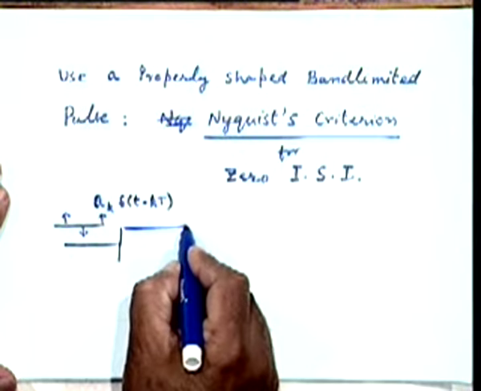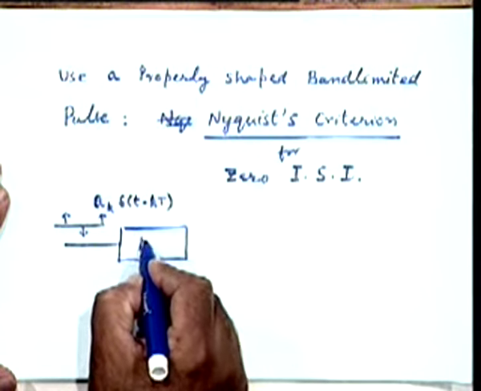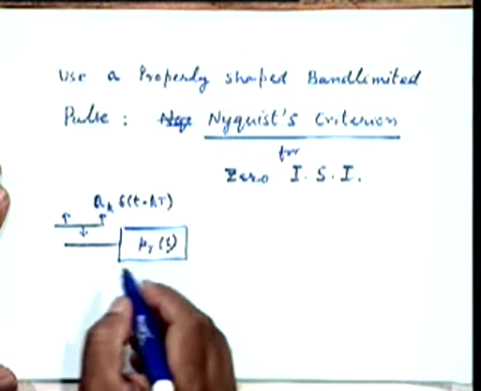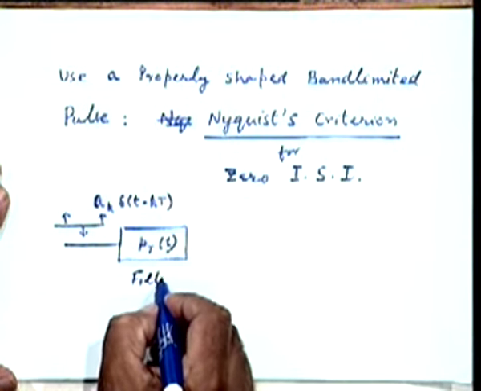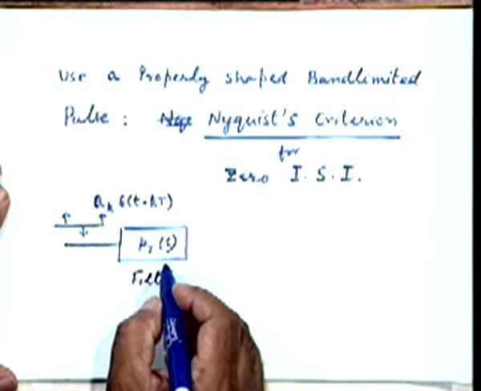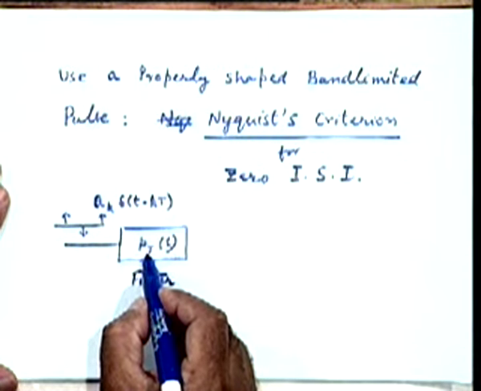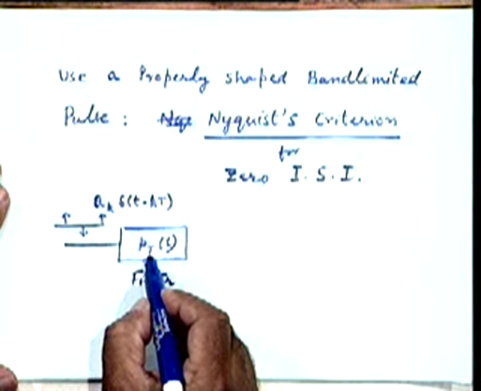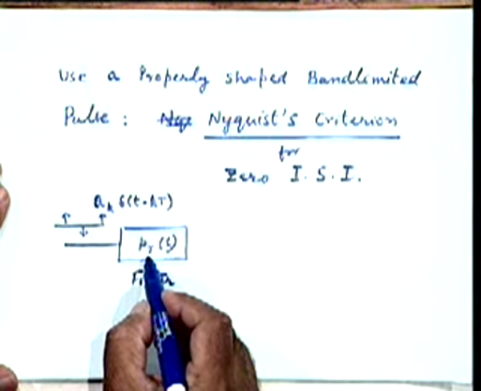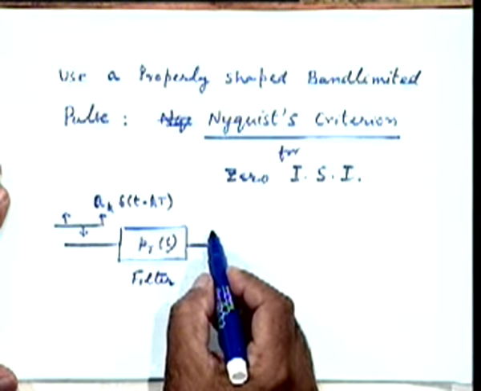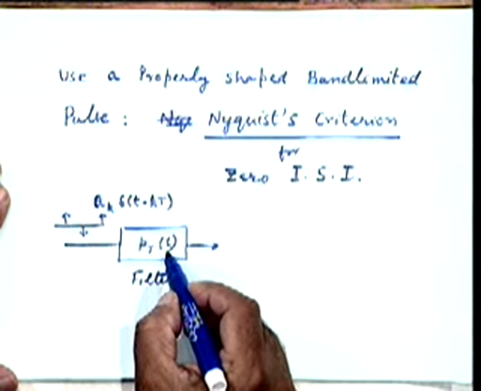I can assume that this is being passed through a pulse shaping filter at the transmitter. So this is a filter with impulse response, which I am denoting by p_t, the subscript t denoting the transmitter. Obviously what I will get at the output of this is a superimposition of these pulses.